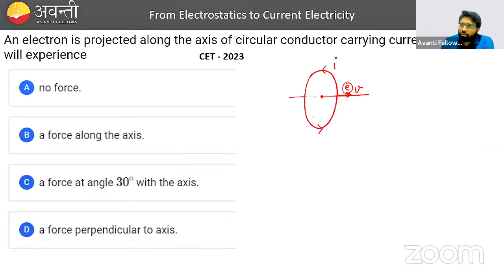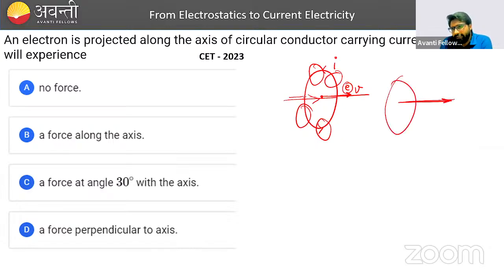We know that a circular coil will produce magnetic field around it like this, in closed loops. But at the center of the loop, the magnetic field is in this direction, according to the current movement. The current direction is not mentioned in this question, so we can take an arbitrary direction by our choice, either clockwise or anti-clockwise.